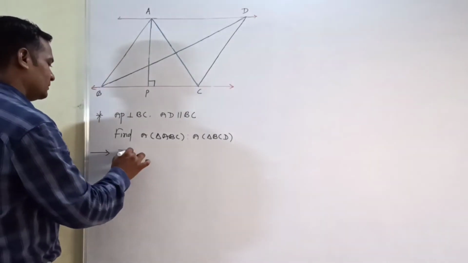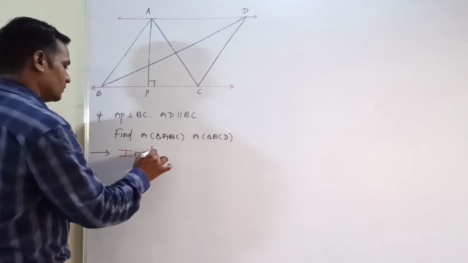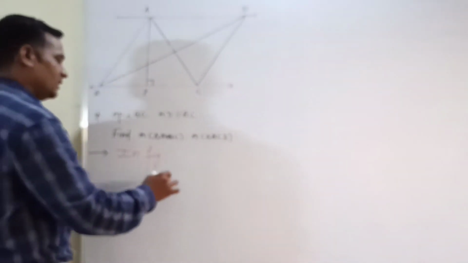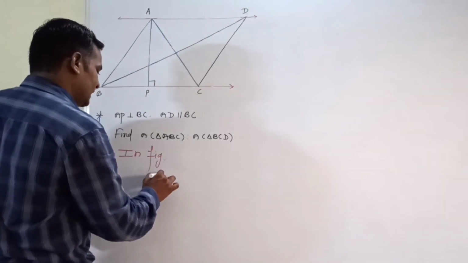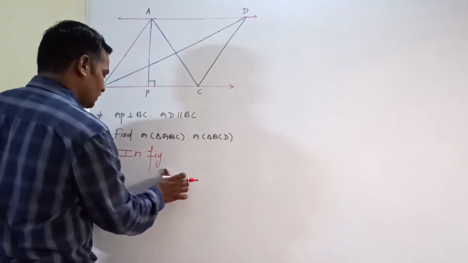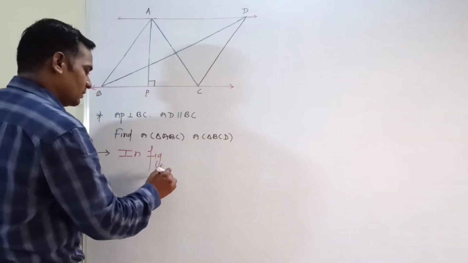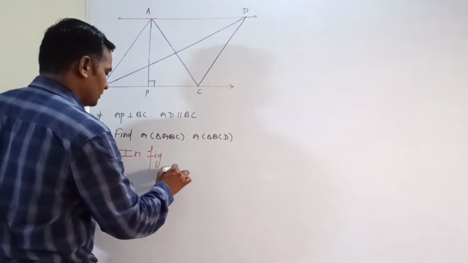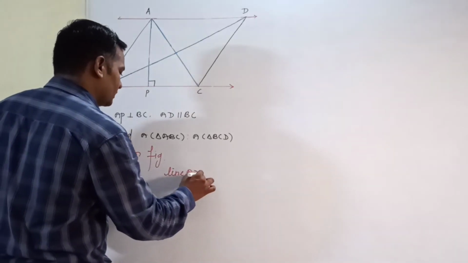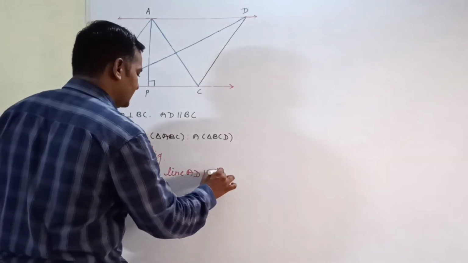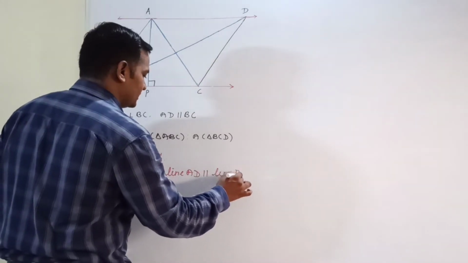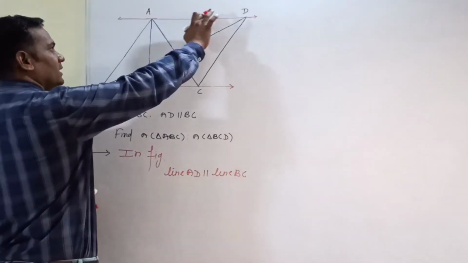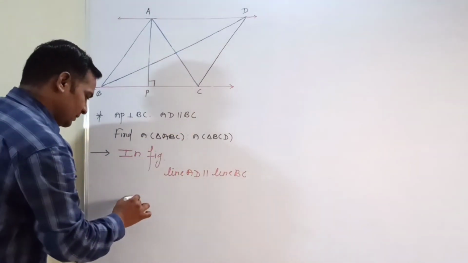So in the figure, line AD is parallel to line BC. This is given, AD parallel BC.